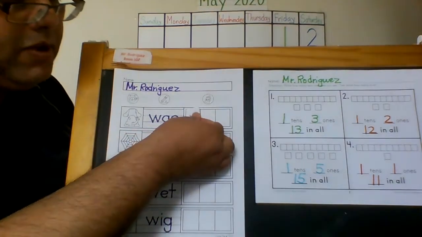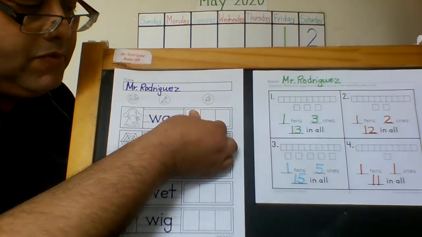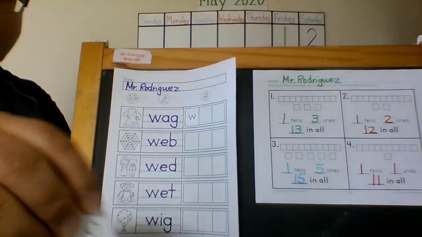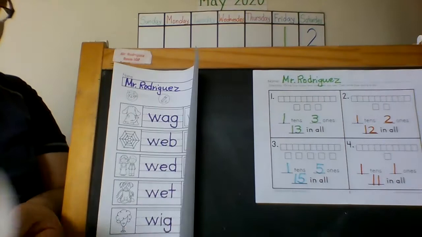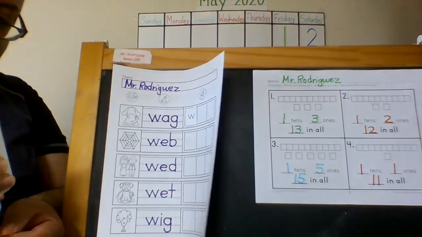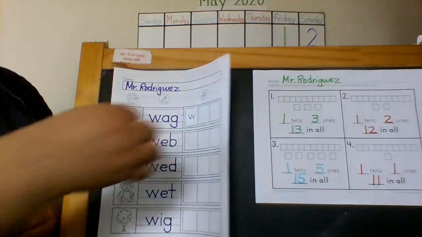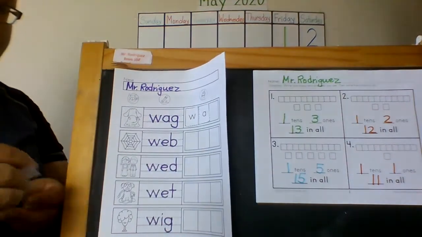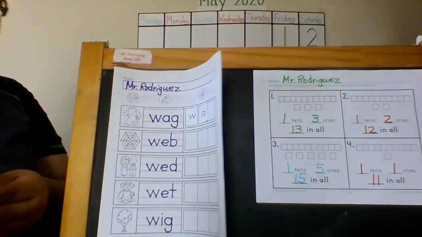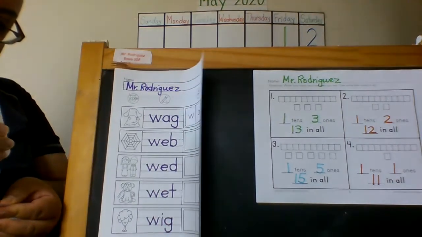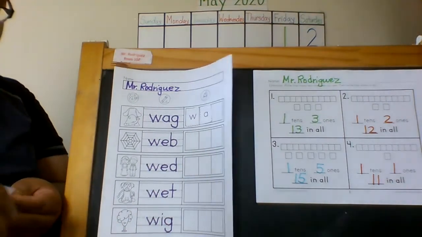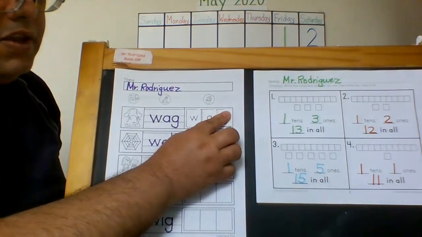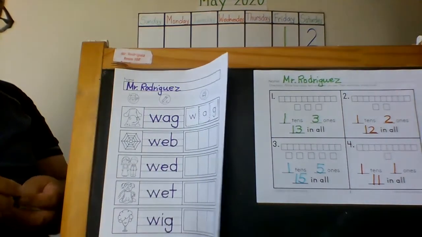So I'm going to start with W. Press with your thumb so that the glue can stick to the paper. W, A, G. And that's wag.